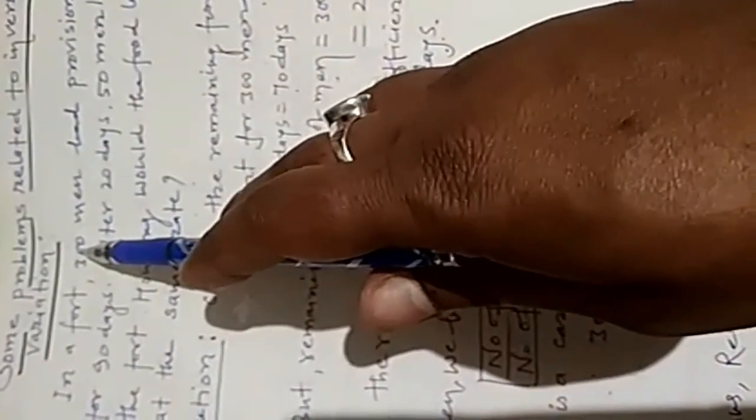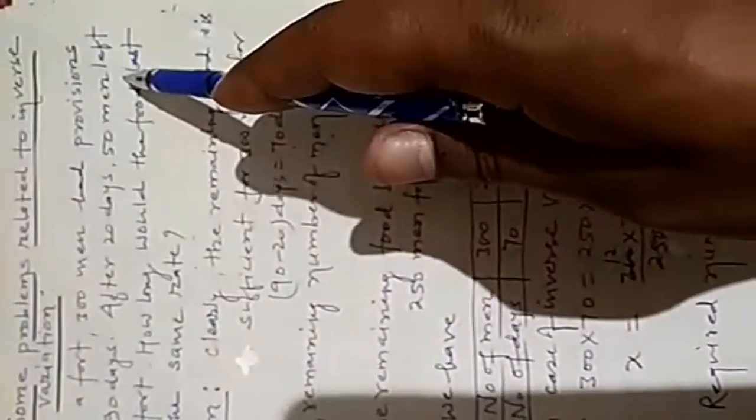Then we have in the given table, number of men 300 men is here, sufficient for 70 days, because after 20 days 50 men are left. So 90 minus 20 is equal 70, and remaining men 250 is here, sufficient for X days.